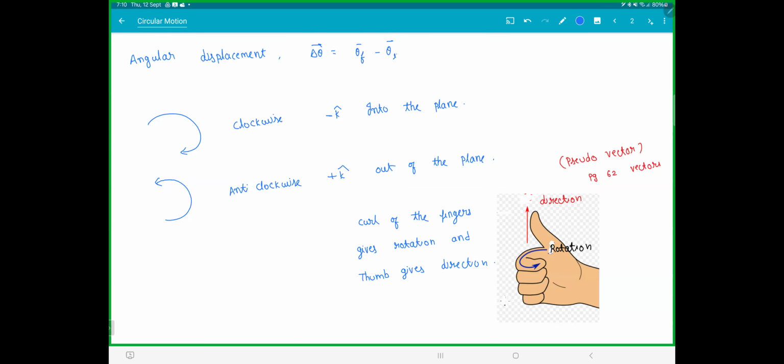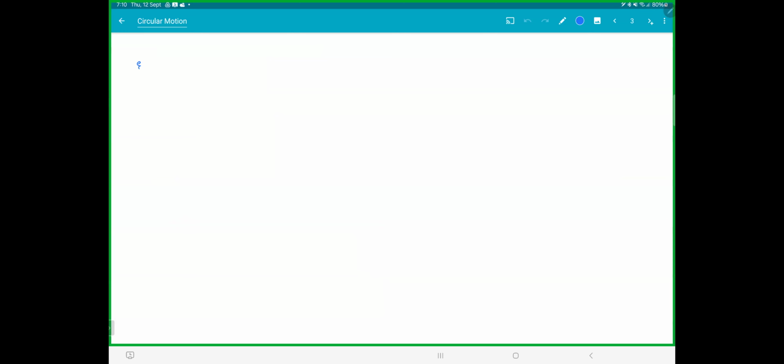Let me give an example. For example, let's say this is your reference. If something rotates this way, theta 1, let's say this is pi by 3. So vectorially, you'll write it like this: theta 1 is pi by 3.